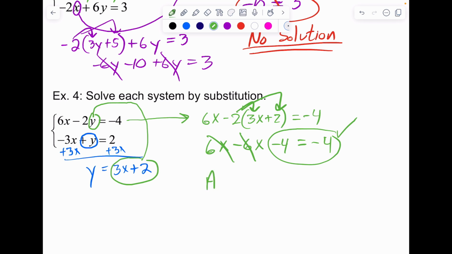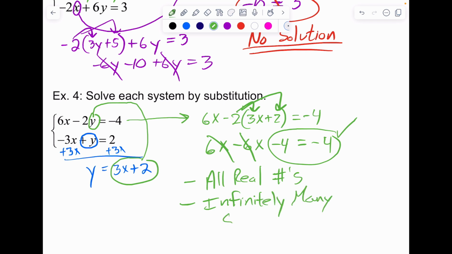So that means you have all real numbers as your solution, or you can say infinitely many solutions. And it is the same line, so the slopes and y-intercepts are equal.